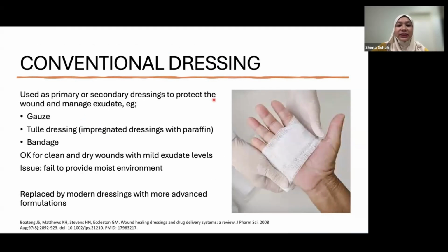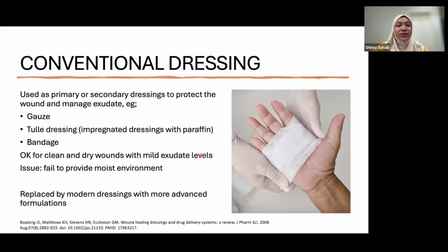Conventionally, we used gauze, tulle dressings such as Paraffin gauze and Jelonet, and also bandage as a primary or secondary dressing. The aim at that time was just to cover the wound and manage the exudate. This is okay for clean wounds or wounds with mild exudate level. But from our experience and studies, we noticed the problem with conventional dressings is that they fail to provide a moist wound environment.